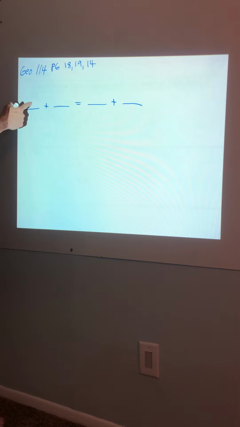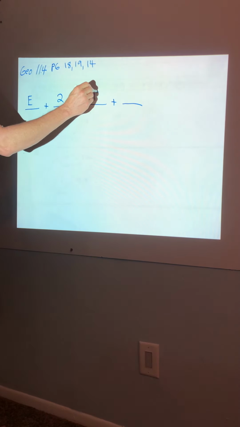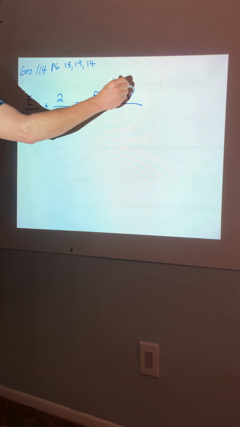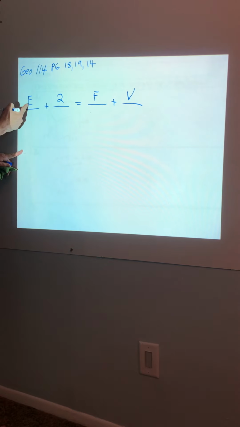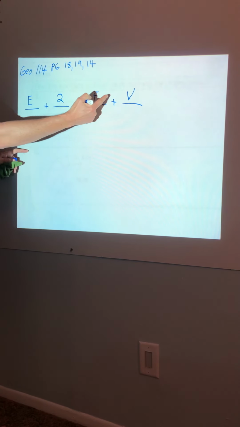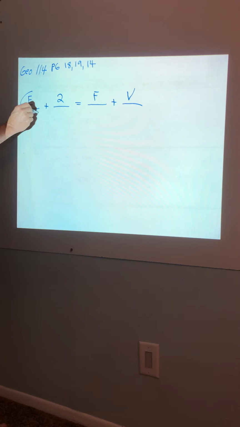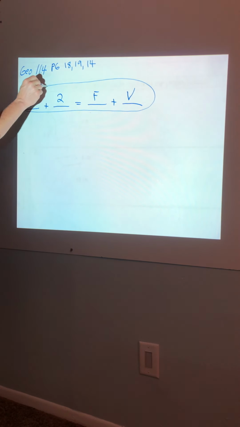The second underline, put a 2, because it's in the second place. And then you put those 3 letters in alphabetical order: E for edges, F for faces, and then V. ABC order, E comes before F, comes before V, and I think that's going to be the easiest way for you to remember this formula.